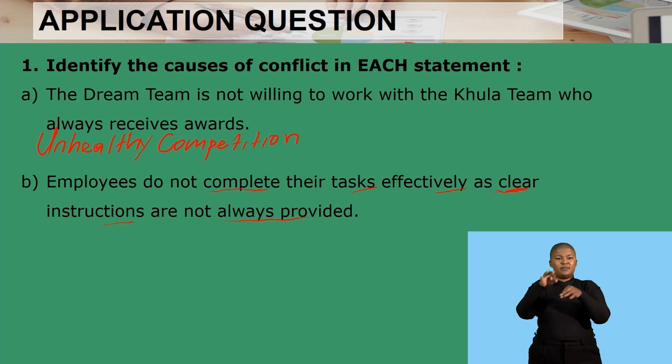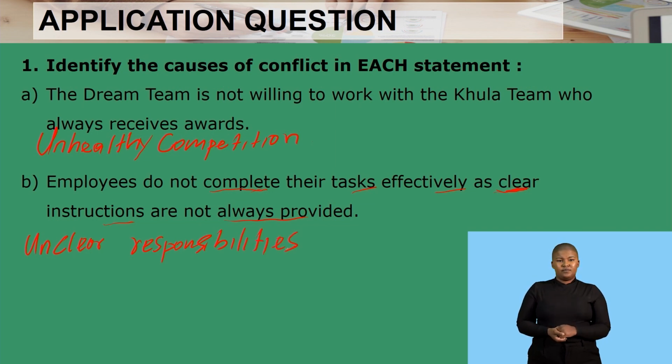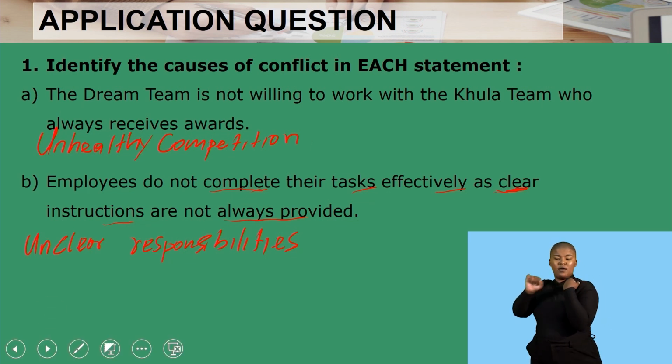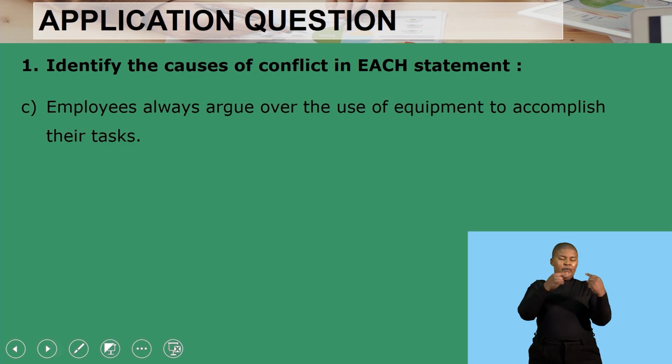So the answer becomes unclear responsibilities. Unclear responsibilities, meaning a lack of communicating with the employees to say what their responsibility is, leads to the cause of conflict in such a matter.